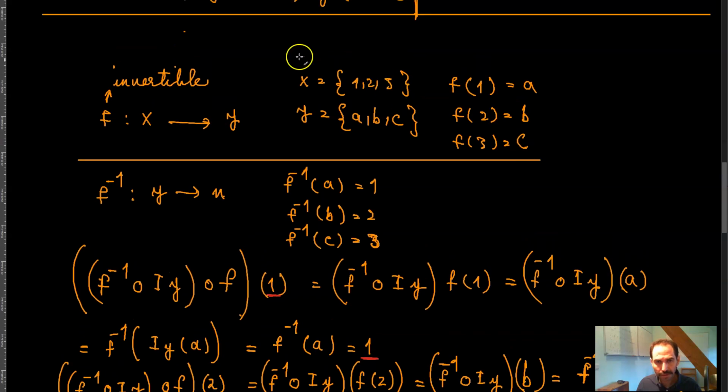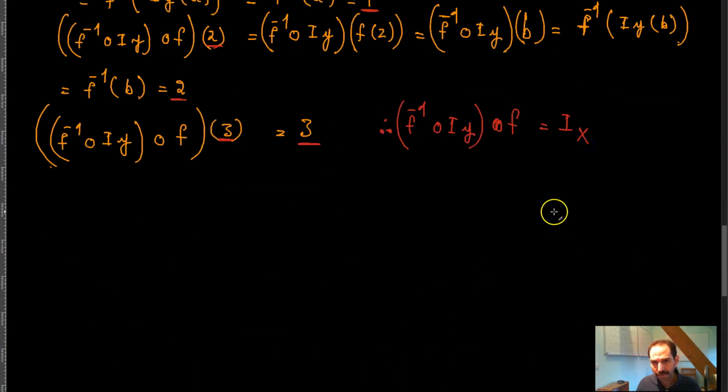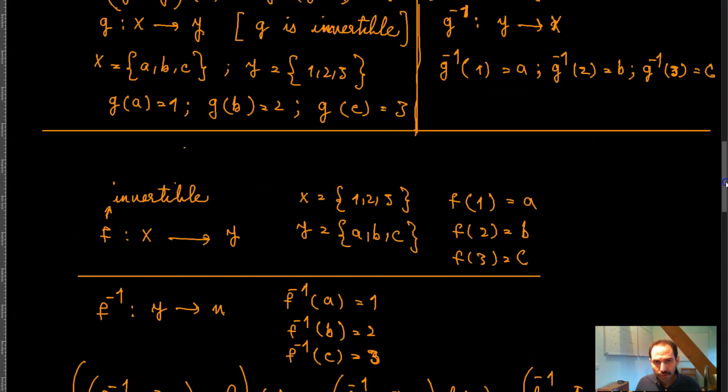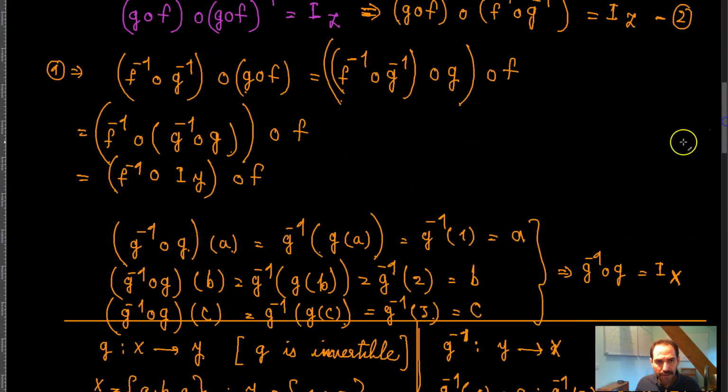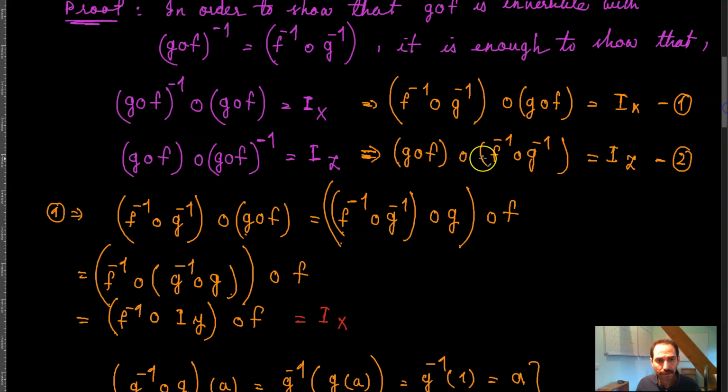And 1, 2, and 3 is simply x, right? So that is I of x. So which means that I can write this as I of x. And that is the result that we wanted to show.